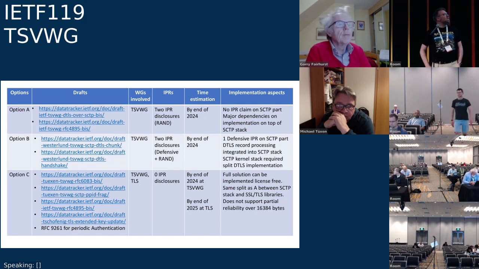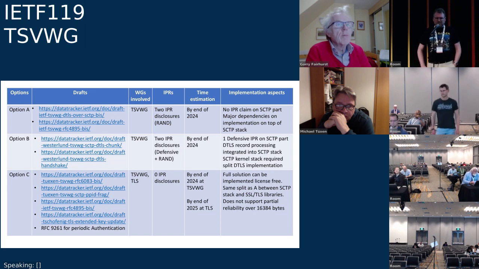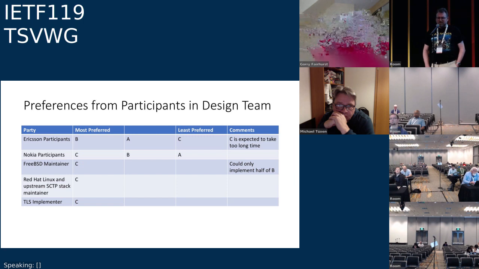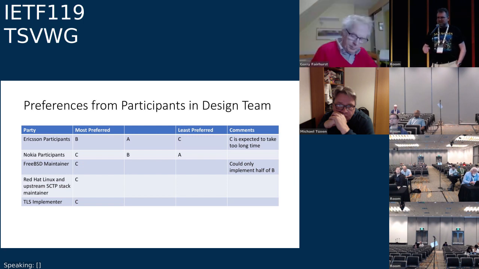Thank you. So we could go to the next slide where we have some of the views from individuals in the design team on preferences. Ericsson's preference list is most preferred solution is B, then A, and least preferred is C, with the motivation that C is expected to take too long.